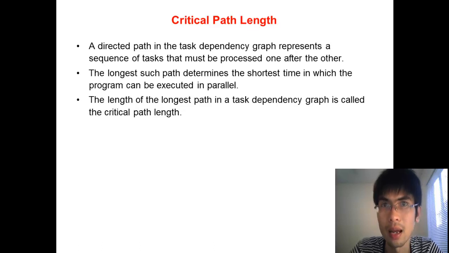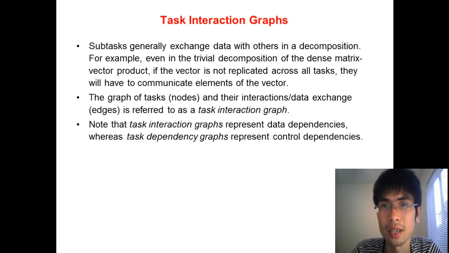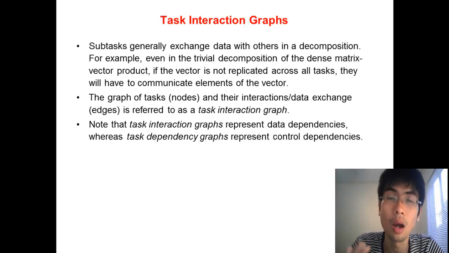The length of the longest path in a task dependency graph is called the critical path length. This definition is very important for us to determine the subtask sequence and its granularity. The task interaction graph is about how information or results are conveyed during different subtasks.